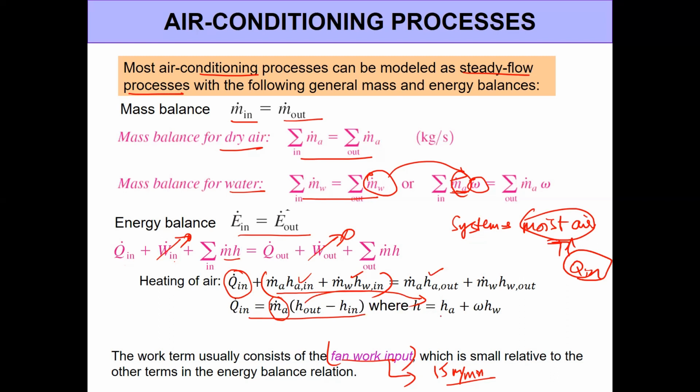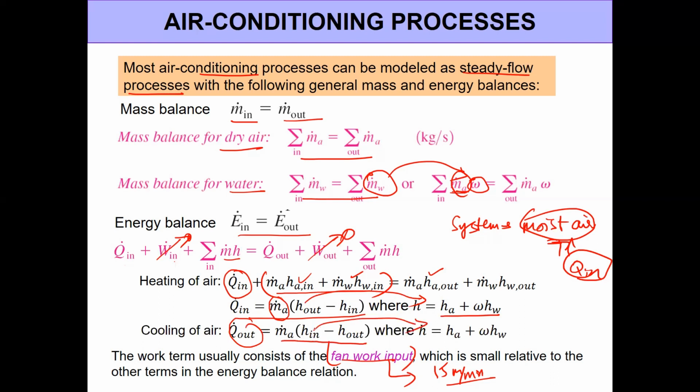So this is simply h_a plus omega times h_w. Now, of course, if you need to cool down the air, that means the air needs to reject heat. In that case, we'll have Q_out, and Q_out would simply be equal to m_dot_a times h_in minus h_out, where again the enthalpy here is the mixture enthalpy, per unit mass of dry air.